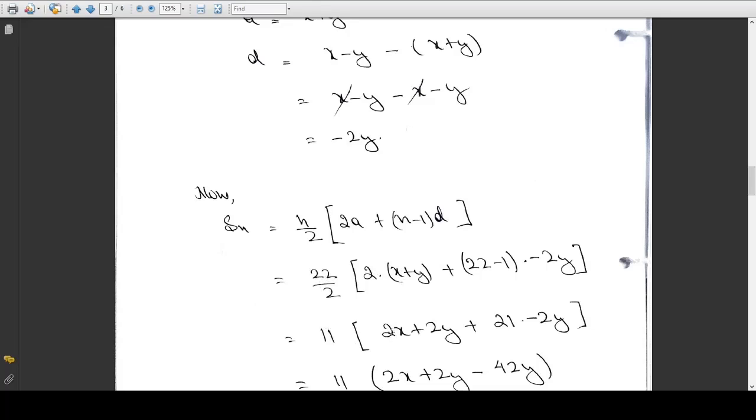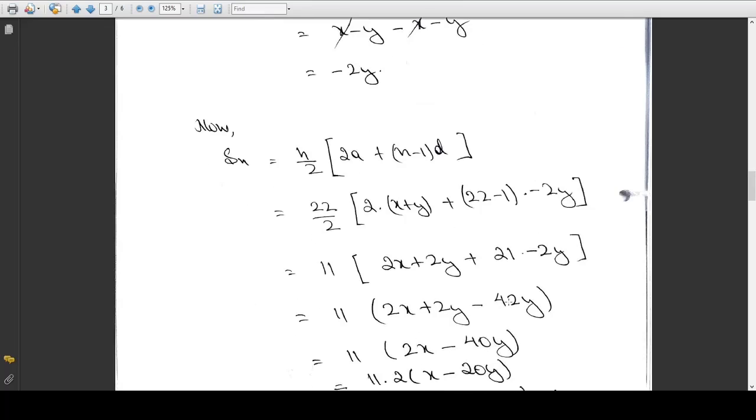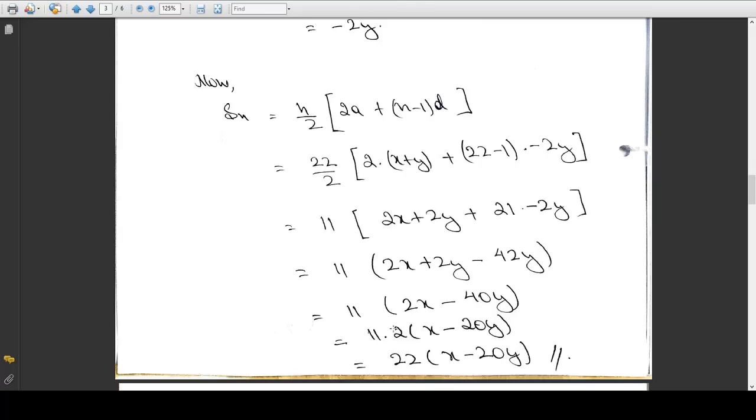Then 2 multiplied by x, 2x, 2 multiplied by y, 2y. 22 minus 1 is 21, multiplied by 2y. You'll get how much? Plus minus is minus, 21 times 2 is 42. Now this y and this y, these are similar. Plus minus is minus, 42 minus 2 is 40, sign minus is greater. Therefore you have 11 with bracket 2x minus 40y.